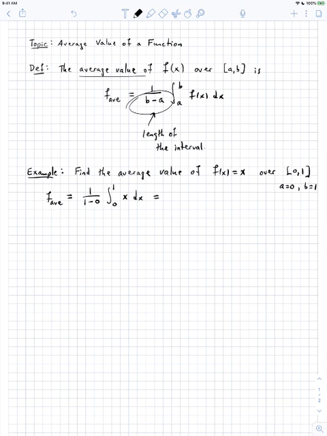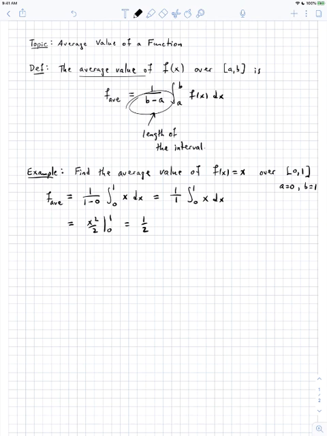So it's 1 over 1, or 1, times the integral from 0 to 1 of x dx, which is x squared over 2 between 0 and 1. So that's 1/2. Therefore, the average value of x over the interval from 0 to 1 is 1/2.